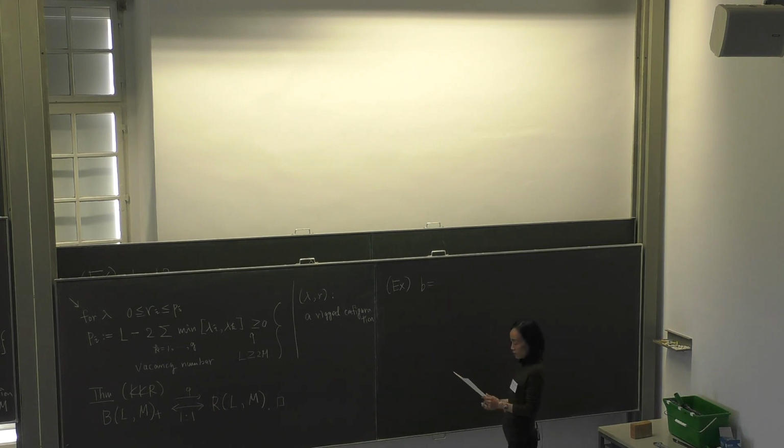Let's consider the case that L is 8 and M is 3, for example. We consider 1, 1, 1, 2, 2, 1, 2, 1. It is an element in B_{8,3}^+. You can see that the numbers of 1 and 2 satisfy this condition.